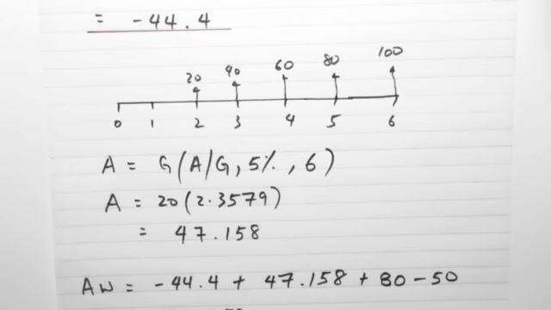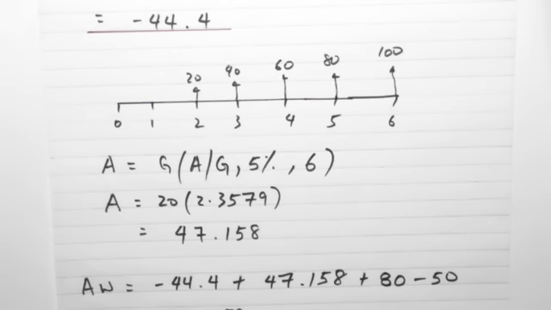So the minus 44.4, that's the capital recovery, plus the 47.58, that is the annuity amount of the arithmetic series, plus the 80, which was already given in the question, minus the $50 running cost per year, that's also given in the question.